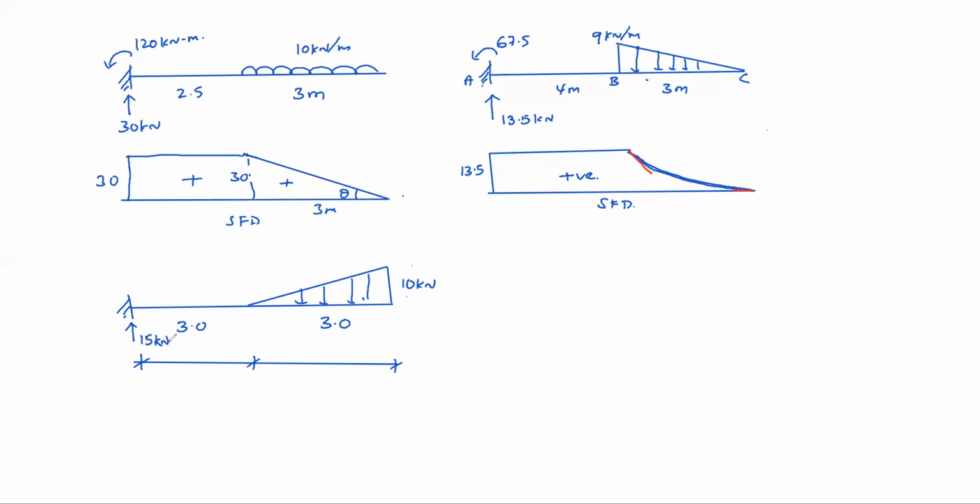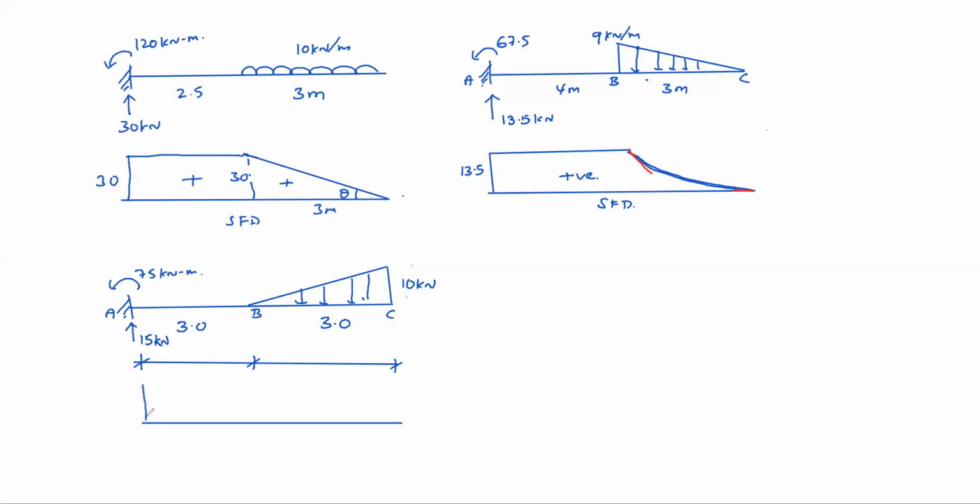So 15 kilonewtons is the upward reaction here. For the total moment about A, the centroid of that 15 load is 5 meters from A. So 15 into 5, 75 kilonewton meter.